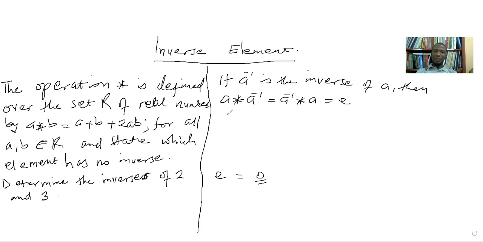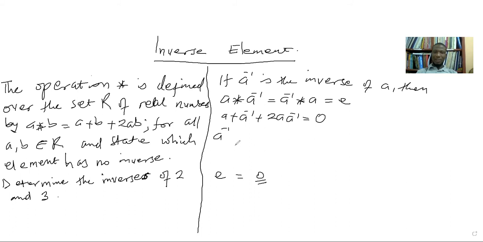So that gives us A plus A inverse plus 2A inverse, and that should give us 0, which is our identity element that we found earlier. So we are now making A inverse the subject.